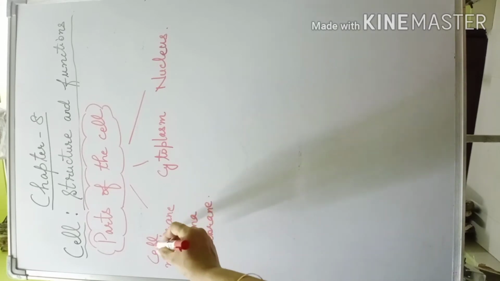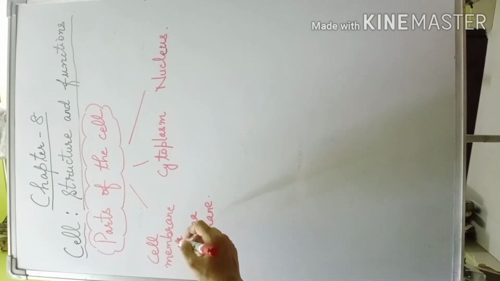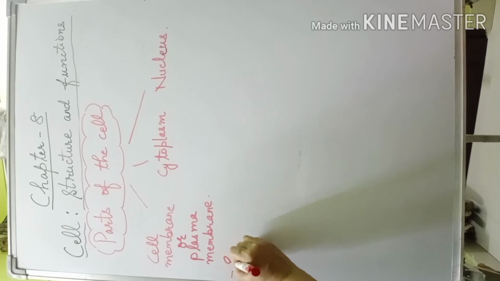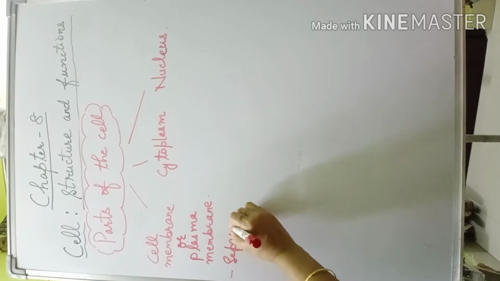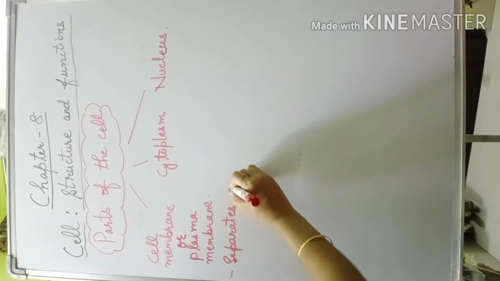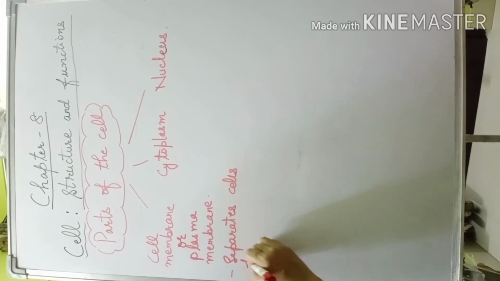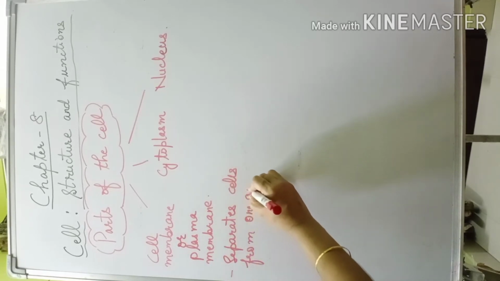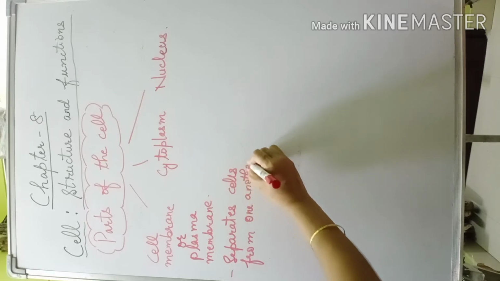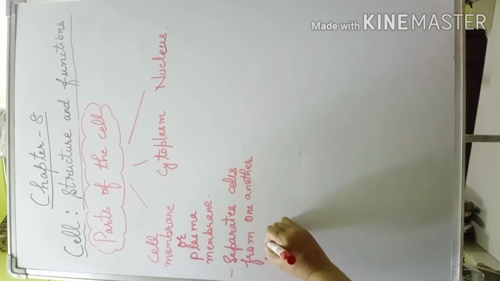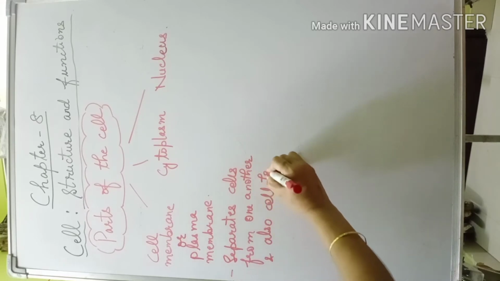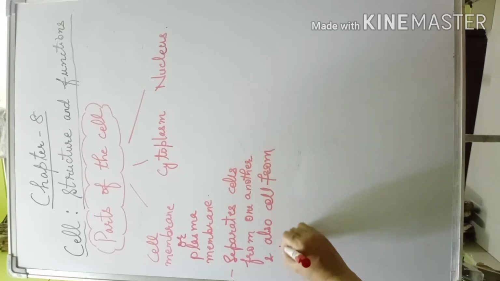So what is the function of cell membrane or plasma membrane? It separates the cells from one another and also the cell from the surrounding medium.